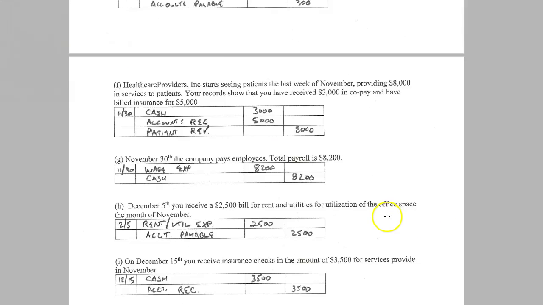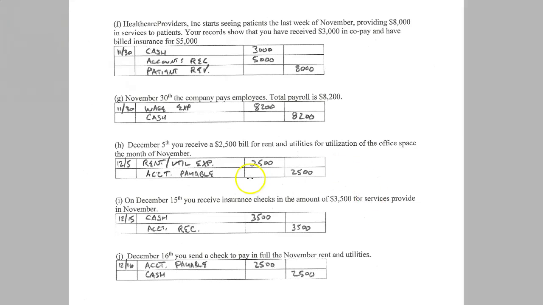All right, so we've done our payroll. Let's talk about this one. On November 5th, you received a bill for $2,500 for rent and utilities for the office space. Okay, this is also an event. So you've received a bill. In the mind of accounting, it's a very logical system.